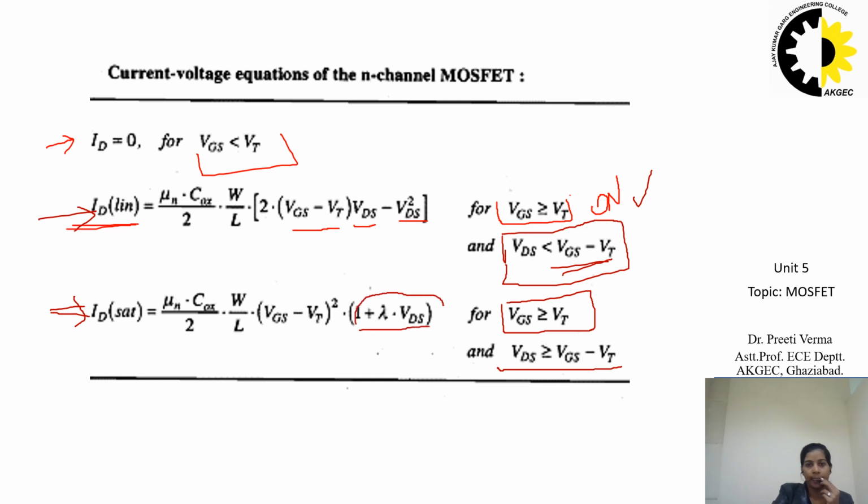Here this term is an additional term that defines the channel length modulation, and lambda is the channel length modulation coefficient. So if there is no channel length modulation effect in the device, then we can ignore this term because at that time the lambda value will be 0.